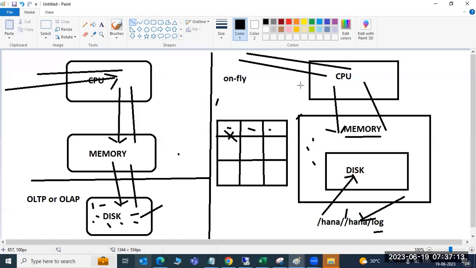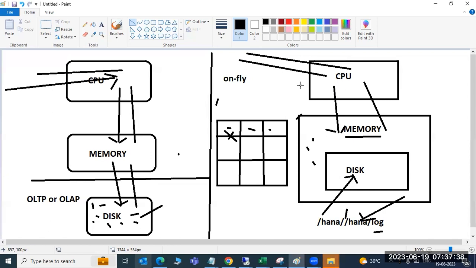When the data is in the column store, there is a compression technique: HANA uses a 10x compression technique. If I talk about the advantages in my next session, HANA has the 10x compression technique, which means when data is stored in HANA, if 1 GB of data is stored into the HANA database, it's not 1 GB.